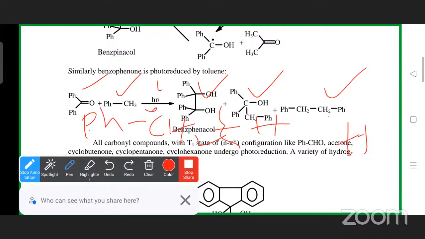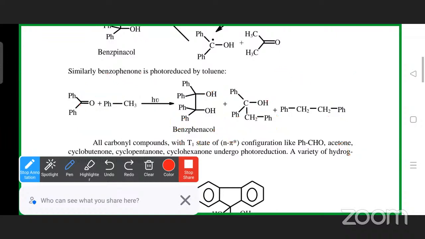So this benzyl radical is going to combine with this particular benzophenone here. Then we are getting this bonding linkage here. And one more hydrogen radical is going to combine with this carbonyl group, and it is going to convert it to this hydroxy group. So this is the usual product generally, and some unusual products also form.